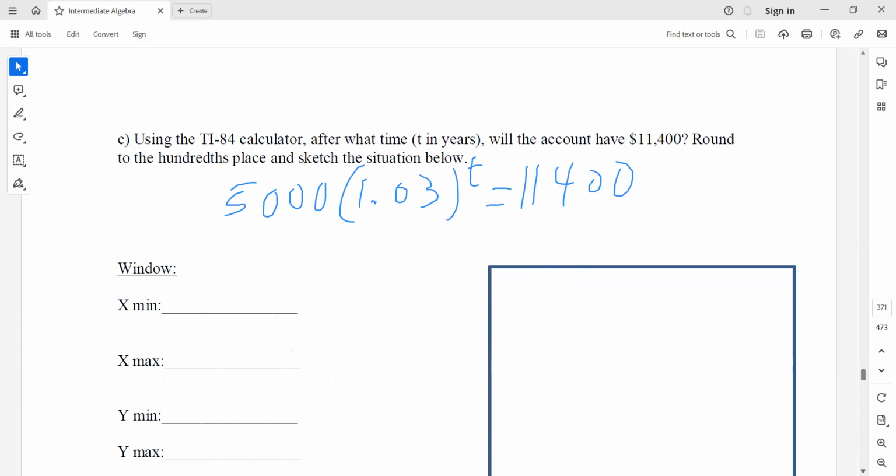Put this in the calculator, and then your t will be 27.88 years. Okay, put that in the calculator, and that's what you're going to get. And then draw the graph. Draw the graph.